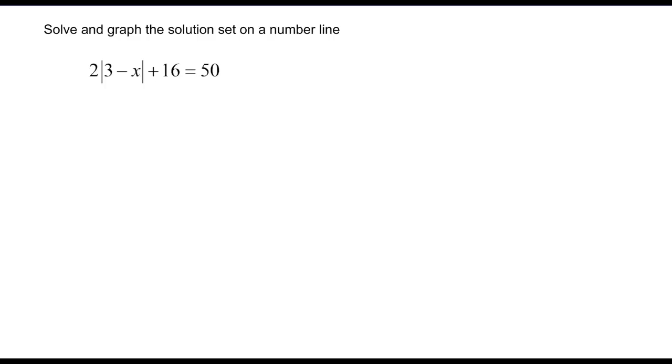Again, a very similar example, except once again, the 16 is added on to the absolute value. I also have this multiplication of 2. And if I want to split this up into two equations, I have to isolate the absolute value first. So subtract 16 from both sides. Get 34 is equal to 2 times the absolute value of 3 minus x.